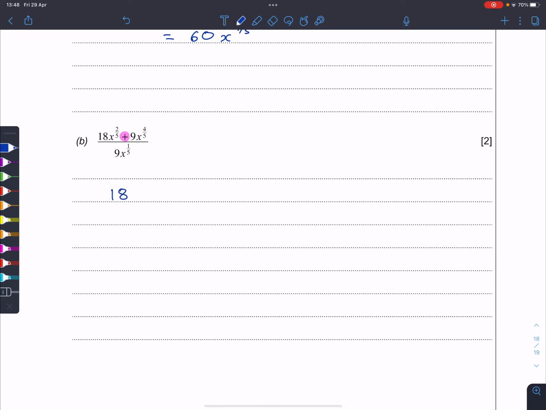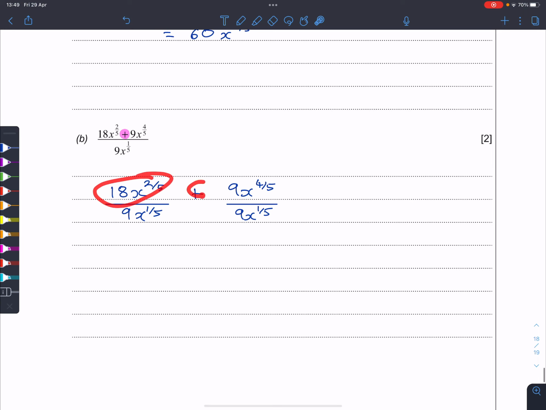We can say that this is 18x to the 2/5 over 9x to the 1/5, and then plus 9x to the 4/5 over 9x to the 1/5. So I can break it up into 2 questions, because if you imagine adding these fractions together, they have a common denominator. So what we would do is add the numerators together, which is what we have there.